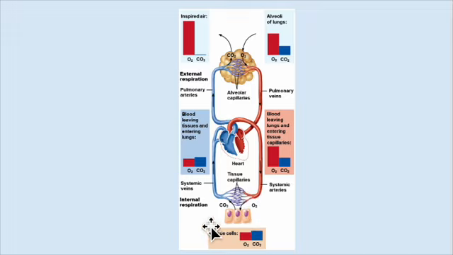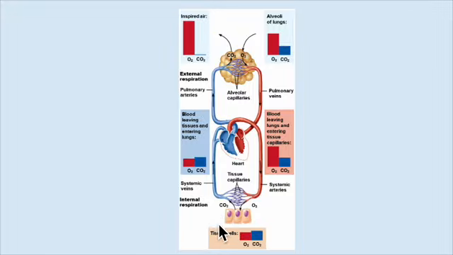At the same time, metabolizing cells produce carbon dioxide waste. That carbon dioxide moves from the tissues into the bloodstream, and it moves back to the heart. That deoxygenated blood is pumped back to the lungs, and that carbon dioxide is eventually exhaled.